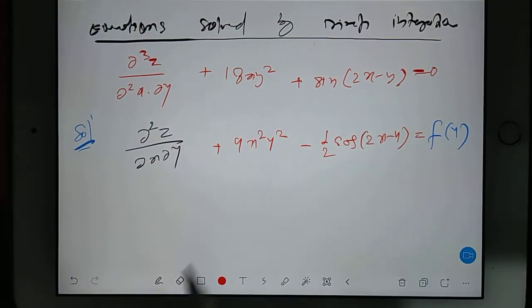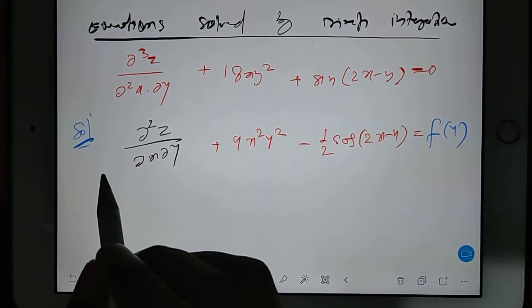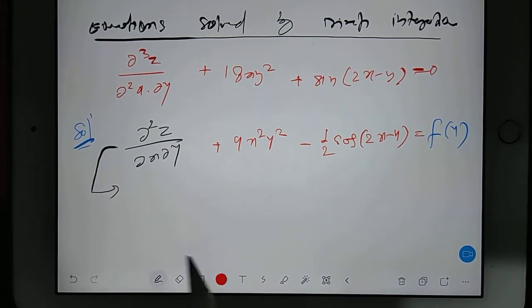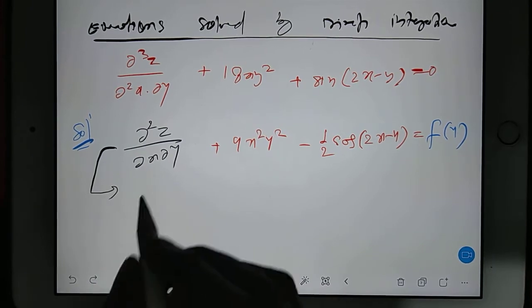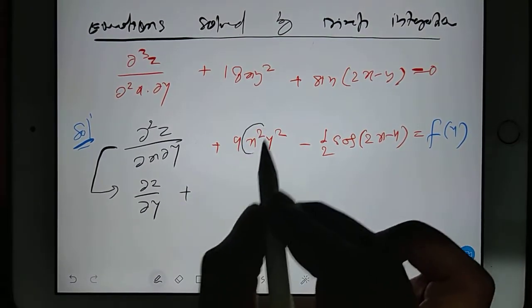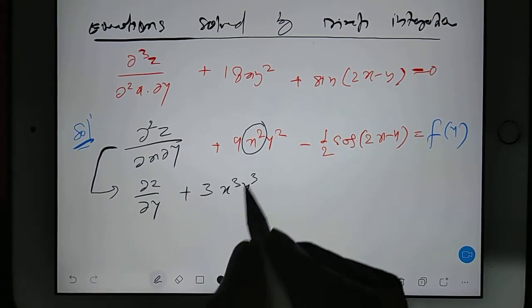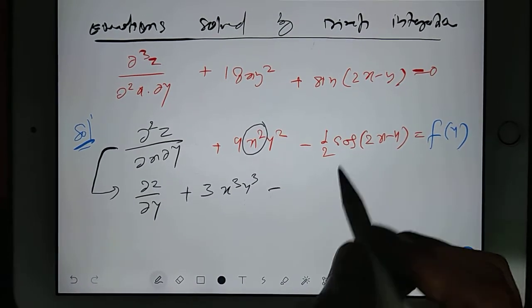Now whatever answer we have got, we have to differentiate one more time for x, because one ∂/∂x term is still there. So if I integrate again, I'll have ∂z/∂y plus x³/3, so 3x³y³, minus, now when you integrate cos, sine comes.